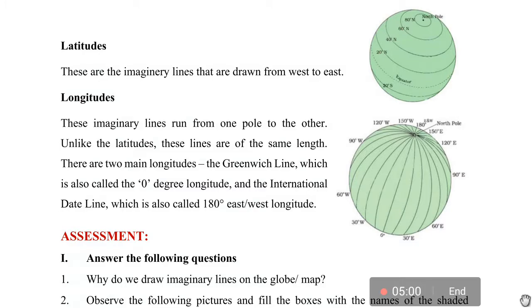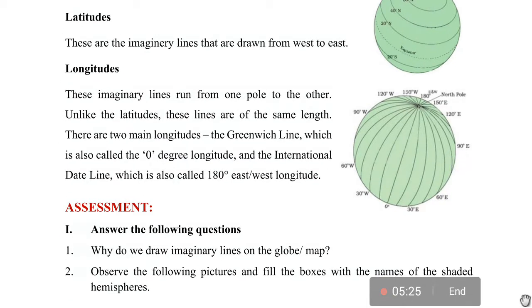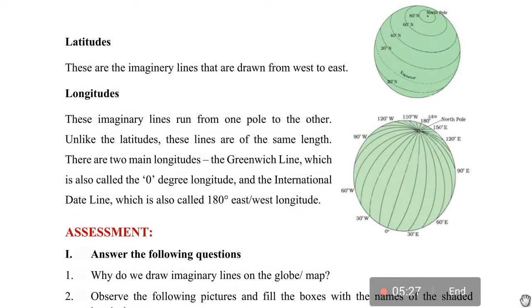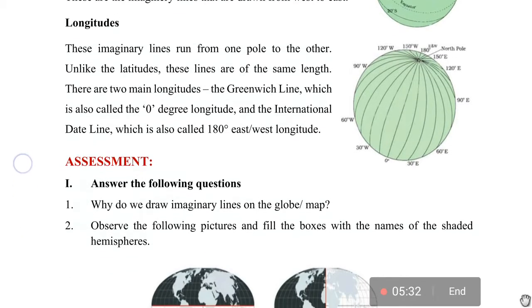There are two main longitudes: the Greenwich line, which is also called 0 degree, and the international date line, which is also called 180 degrees east and west longitude. These are the latitudes and longitudes.